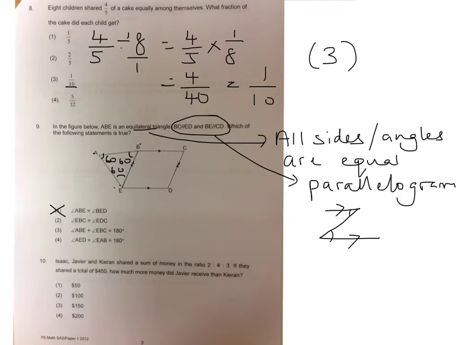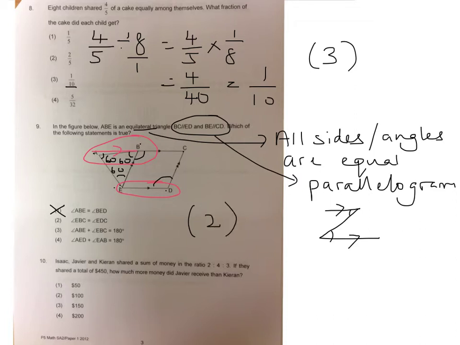If you see carefully here, there's no parallel line compared to here. That's why 1 cannot be true. EBC equals to EDC. We learned that in a parallelogram, the opposite angles are actually the same. So for question 9, your answer is actually 2.